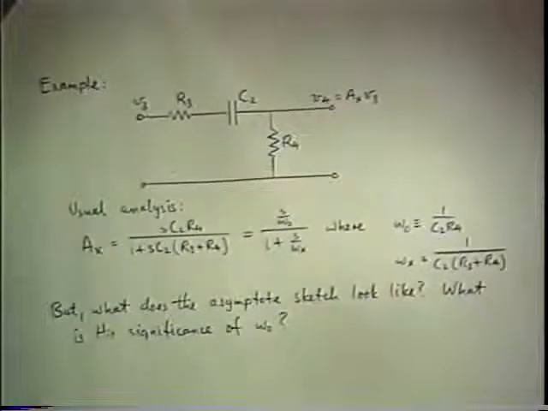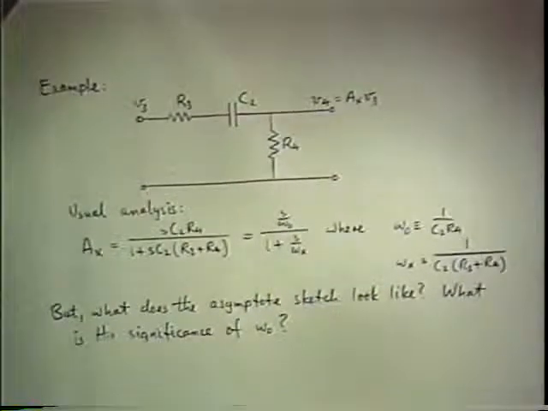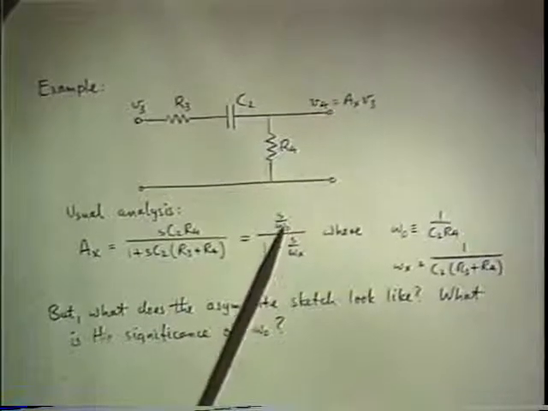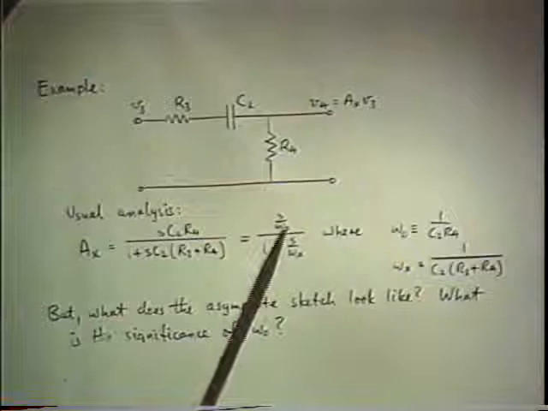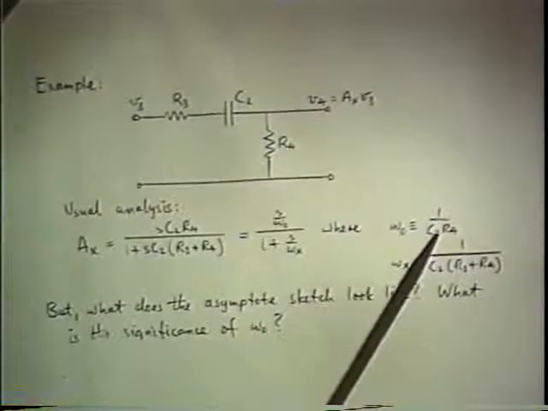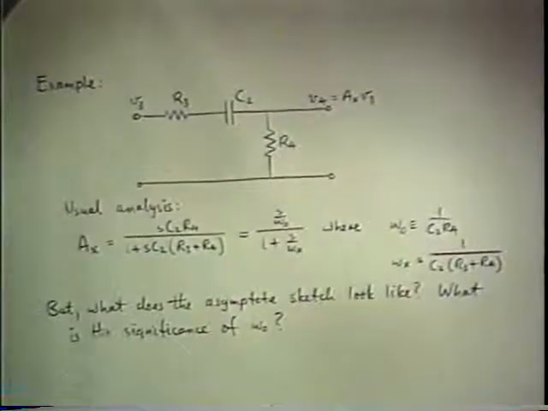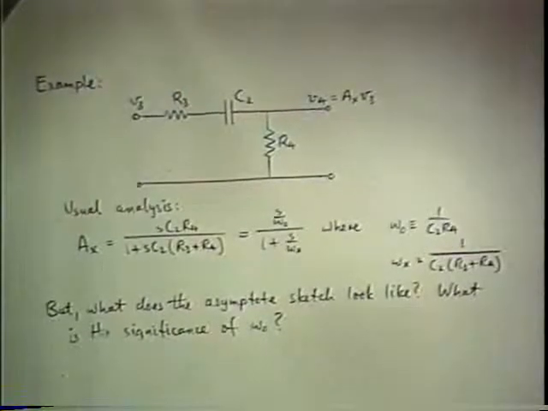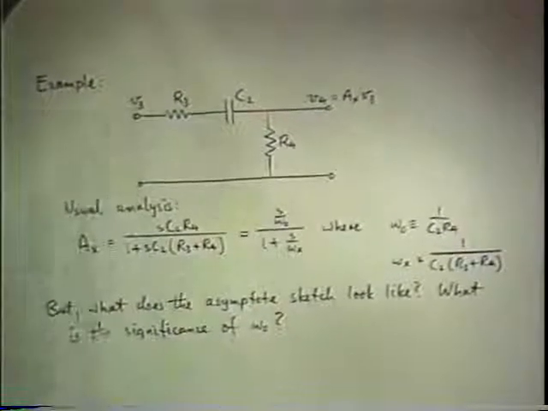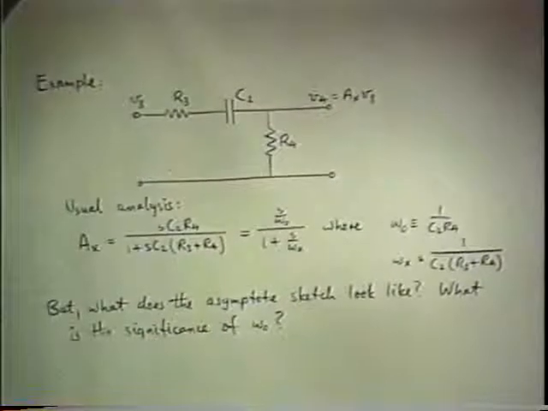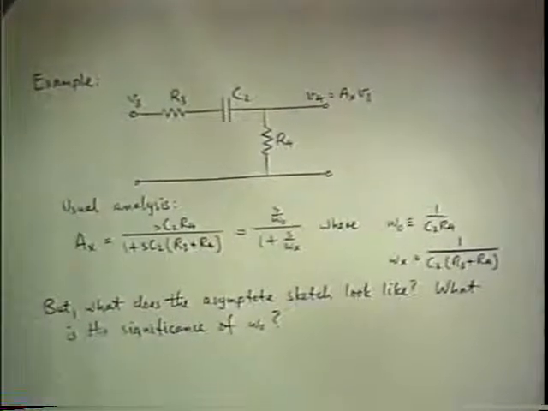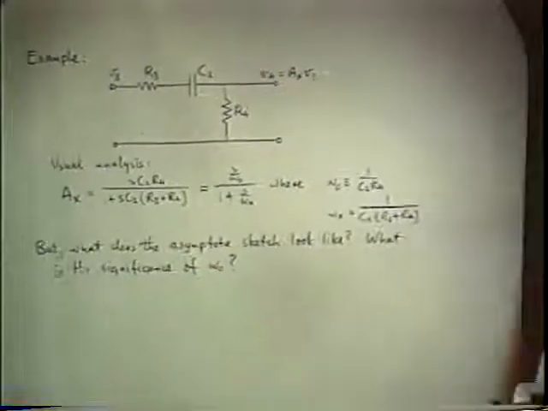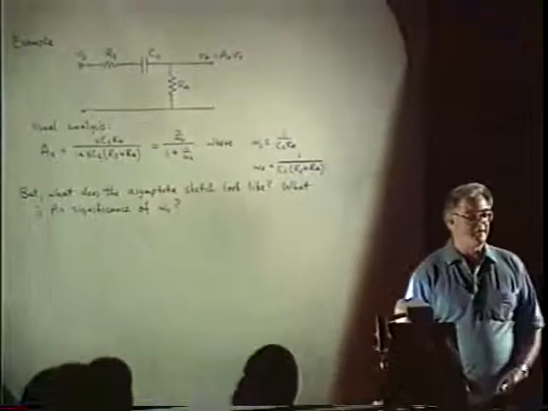This time the numerator has an S term, and if you define its coefficient in terms of some other normalizing frequency, omega 0, defined as this, that also is a low entropy format, but there's something missing this time. If you make a sketch of the magnitude of that function versus log frequency as usual, what is the physical interpretation of the omega 0? It's not immediately obvious.